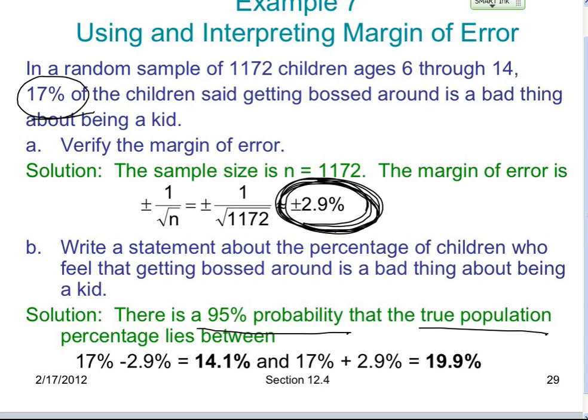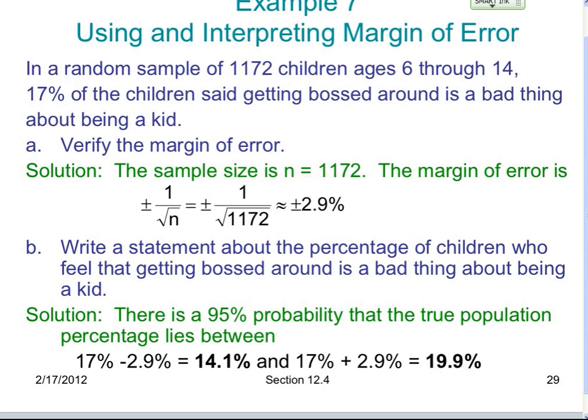So you got to add the 2.9% to the 17 and get 19.9 right here. And then you're going to take 17 and subtract the 2.9 and get 14.1. So for the margin of error, you have to add it to the 17 and you have to subtract it from the 17.